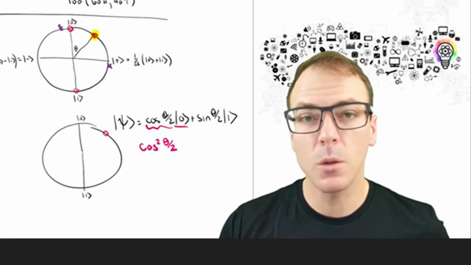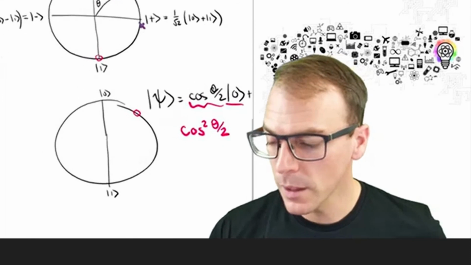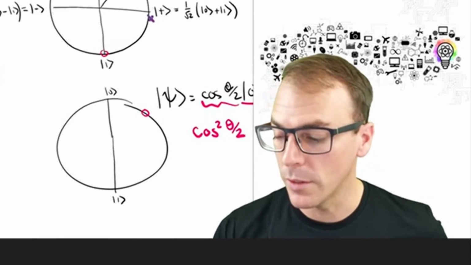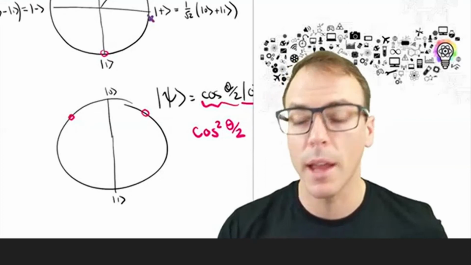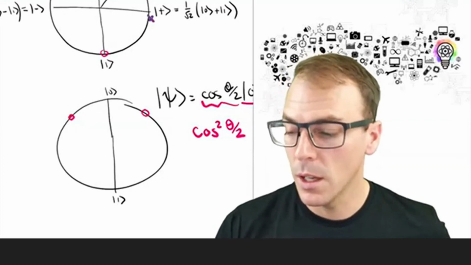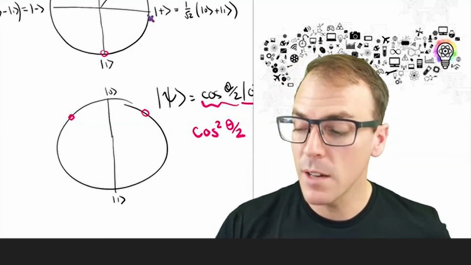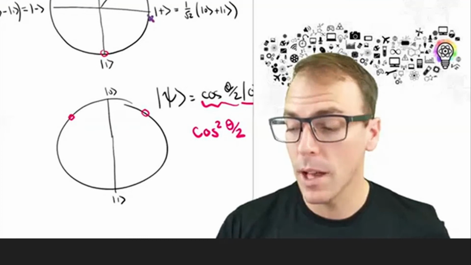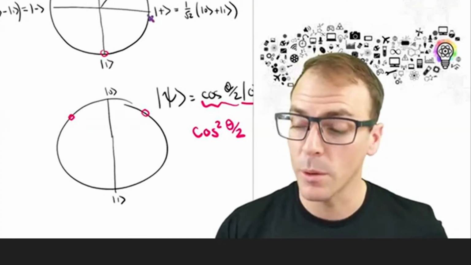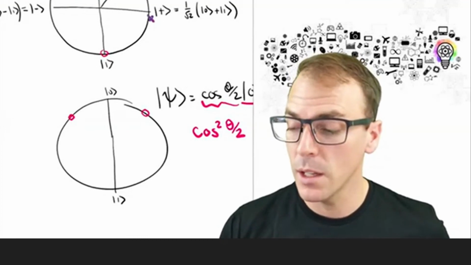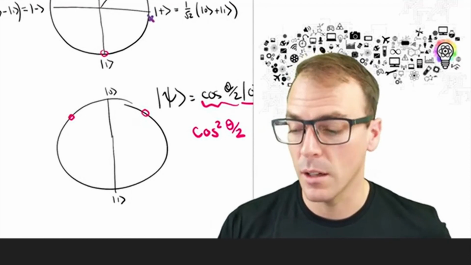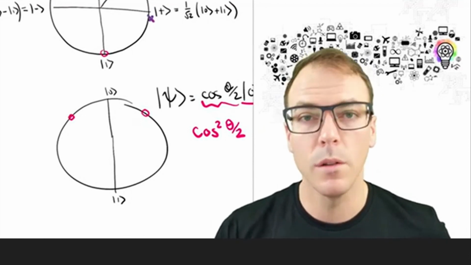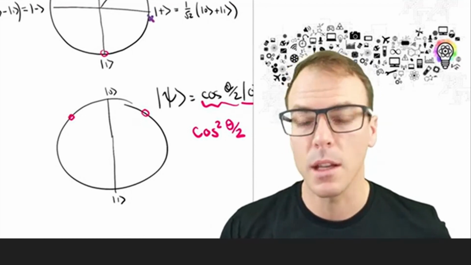But because of the square, I have 2 different values of theta that are consistent with whatever number that ends up being. So when I perform a measurement, I get the distance to that particular state. If I perform a measurement of 0 and 1, then I get a number that tells me the distance to the 0 state, or equivalently the distance to the 1 state.